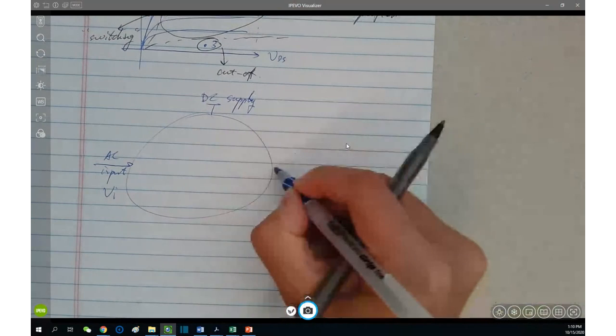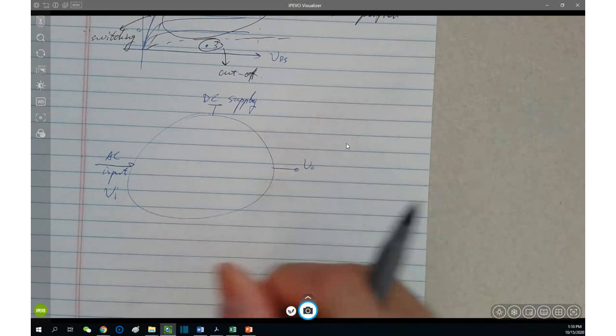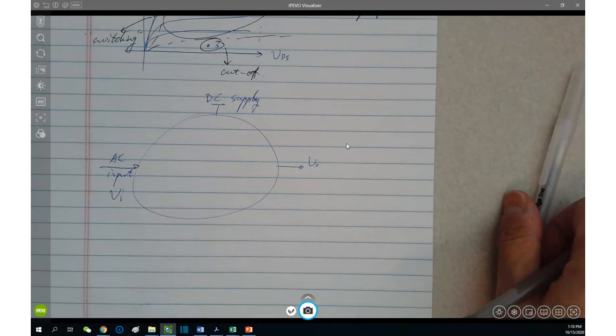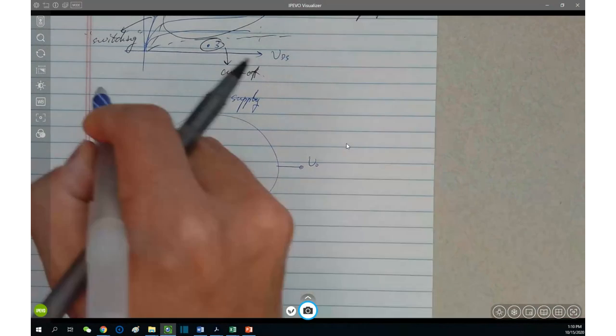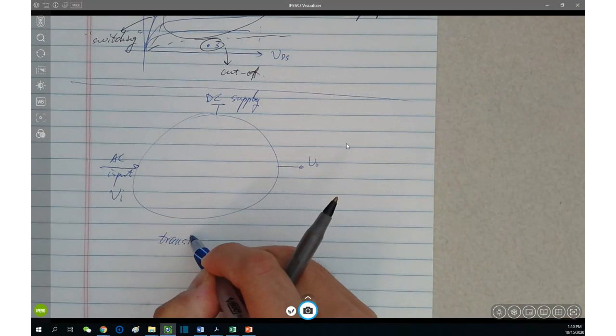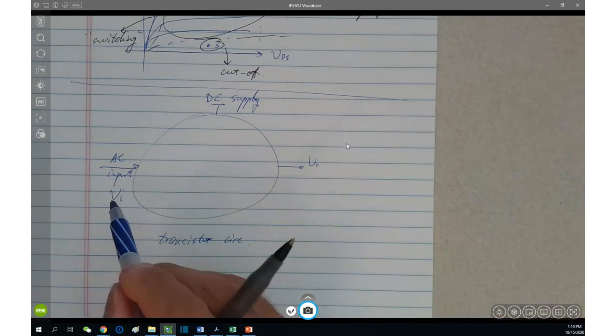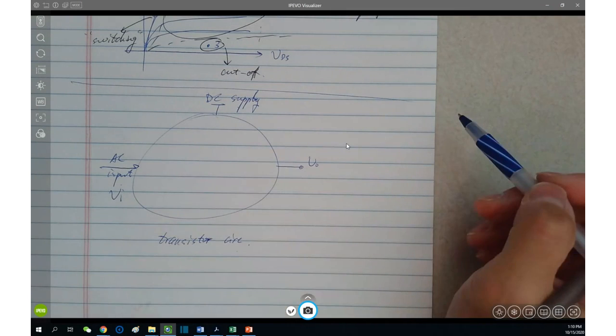And you get the output. What's the circuit in the middle? We don't need to worry about that for now. The basic configuration is just a transistor circuit. AC input, DC supply.